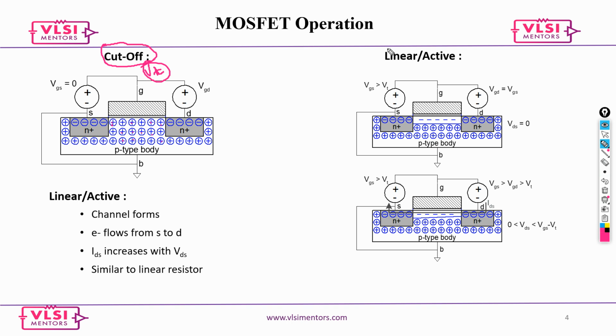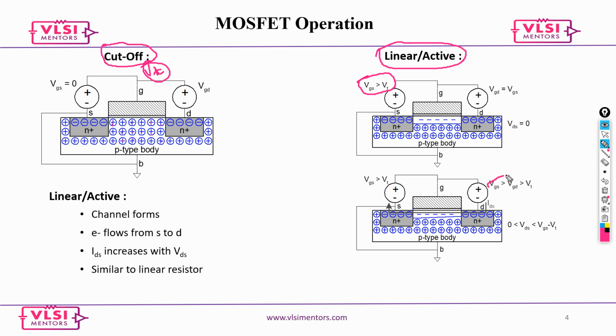And the next one is what we call active. What it means is your VGS is greater than VT, greater than your threshold voltage. Your channel is formed, so the holes that were very close here are all pushed down. Now that the channel is formed, the charges can flow in this channel.